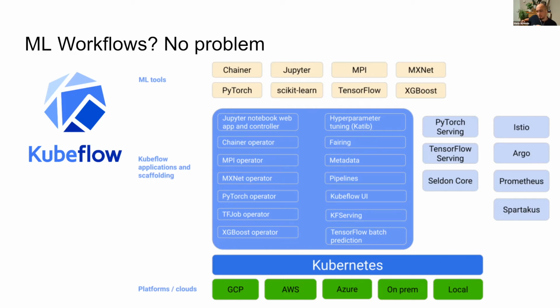So if you have more advanced needs, you can use something like Kubeflow, and Kubeflow provides you all the tooling that you might need for machine learning, from things like Jupyter notebooks to monitoring databases like Prometheus, all the way to serving APIs and the ability to host, again through Kubernetes, on the most popular cloud infrastructures.